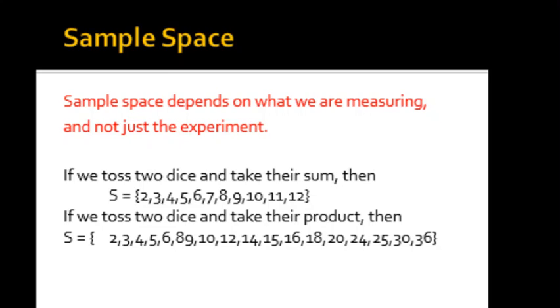So 2 times 1 will give you 2, which is already there. 2 times 2 will give you 4, which is already there. 2 times 3 is 6. 2 times 4 is 8. 2 times 5 is 10. And 2 times 6 is 12. Then you start with 3 and you state all the possible numbers if we toss two dice and then take the product of the two. So this is our sample space.